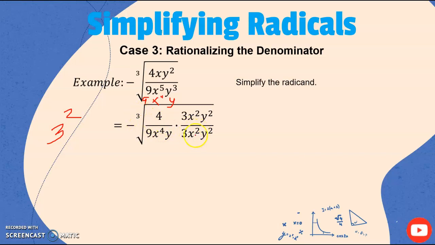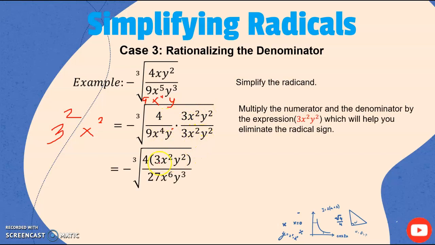So we multiply x squared, so that when we multiply x to the 4th and x squared, we get x to the 6th. How about y? You see y, its exponent is only 1, so we have to multiply something to complete it. So we come up with y squared. And then we multiply it with the numerator as well. That is why it's now 27, x to the 6th, and y cubed.